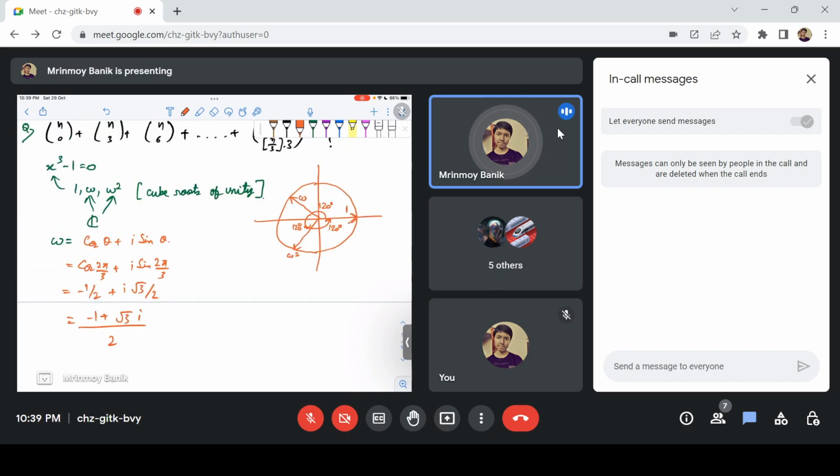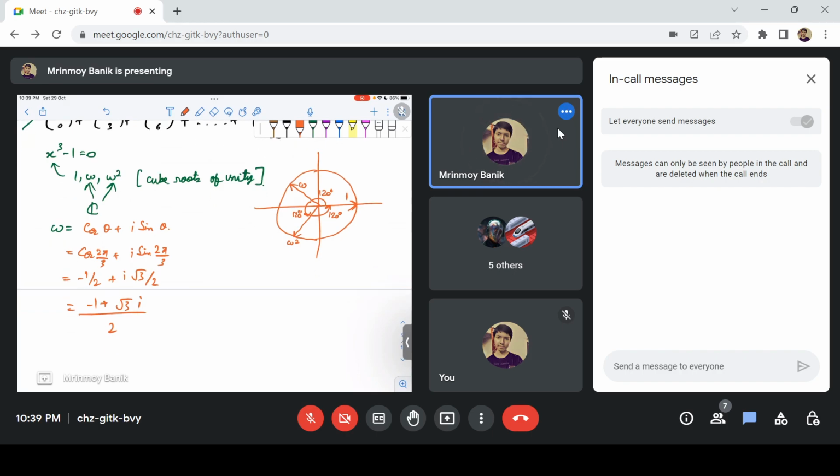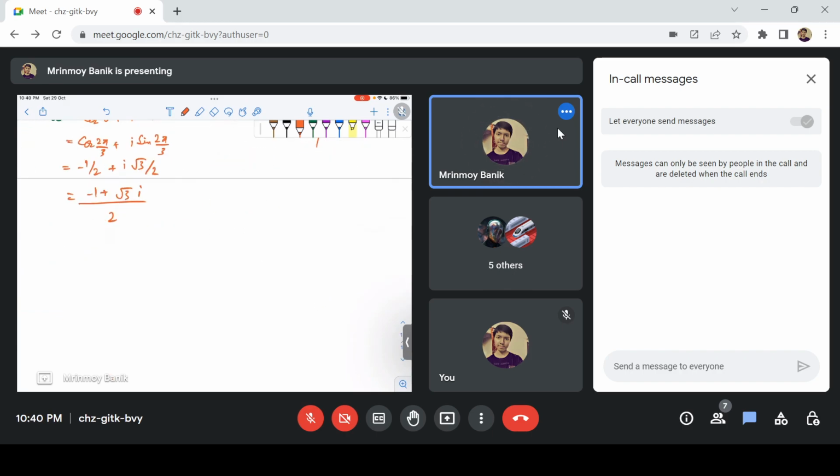We just care about the property that they all satisfy x cubed equals 1, and omega squared is also a solution to this equation.